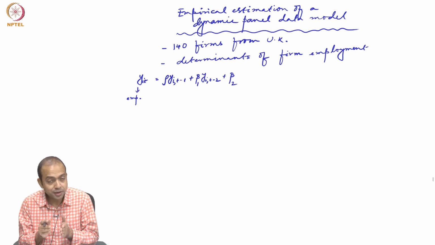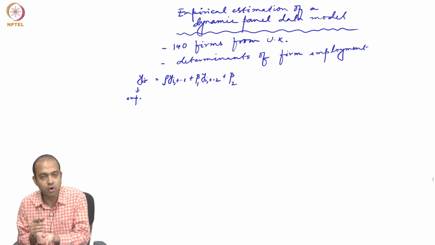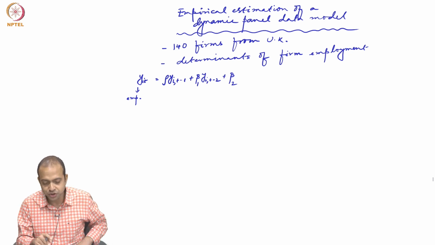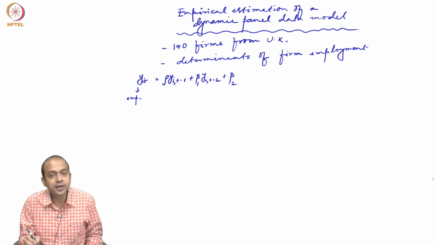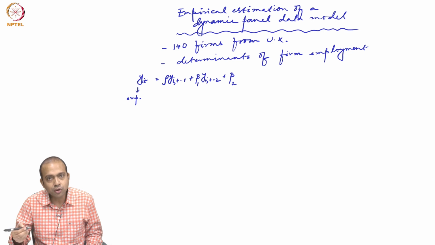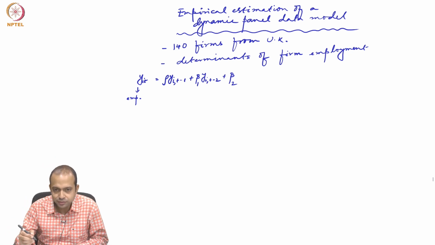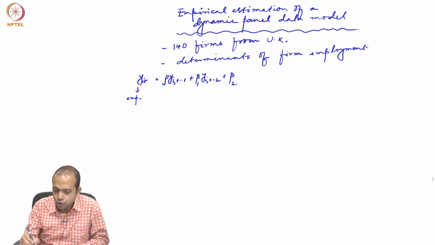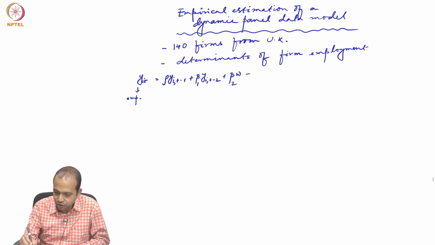So, employment by the ith firm in the tth period depends on its previous employment, which is rho Y_i,t-1, then its second order lag, that means twice lag of employment, then beta 2 wage, which is denoted by W, and then beta 3 W L1.